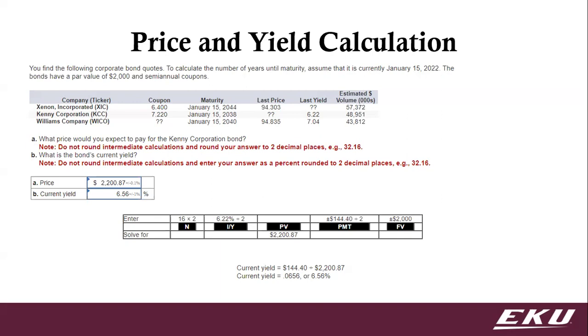And again, if you notice, this is selling at a premium, because it's more than $2,000, and our current yield is higher than their yield to maturity. The reason for that is we're going to have a capital loss, because our value is going to fall from $2,200 to just $2,000. And that's why the current yield is so high.